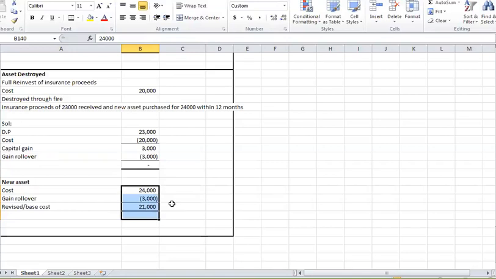Whenever the cost is decreased, profit will be increased. Students, if you have any confusion, you can ask.